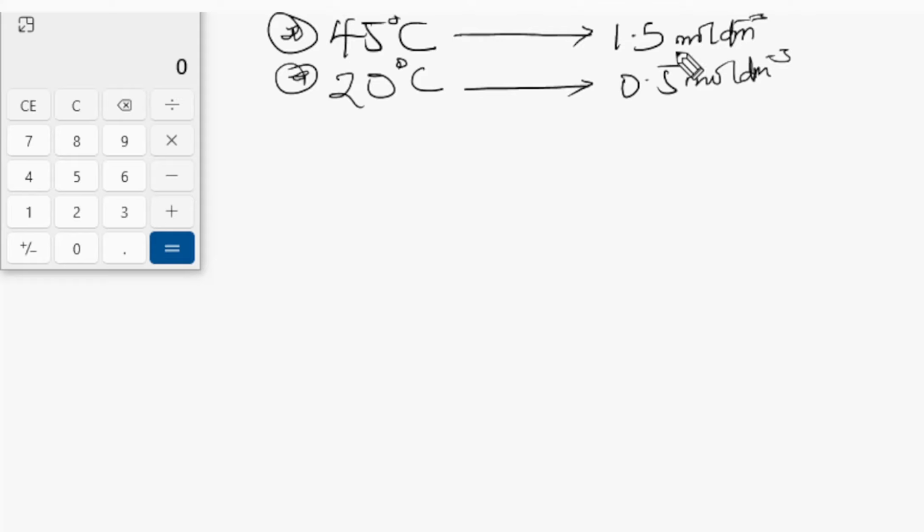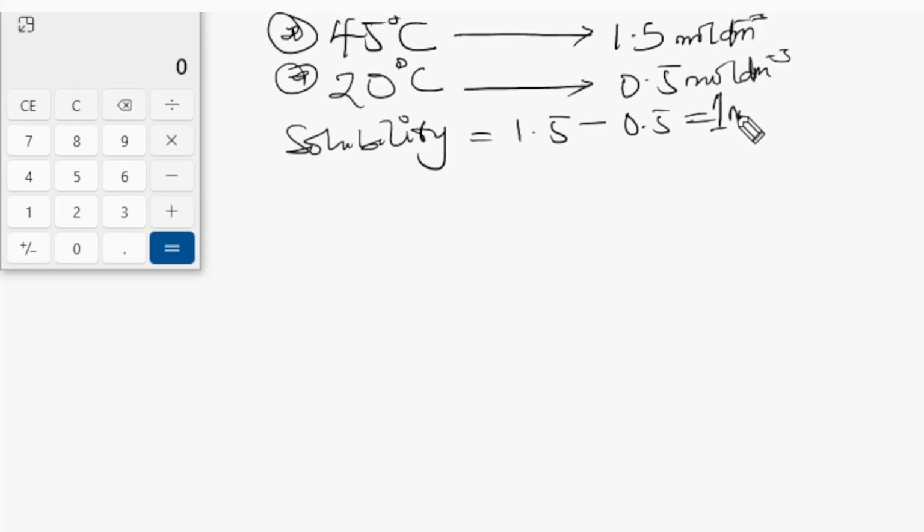With this, it means that the solubility will be 1.5 minus 0.5, and this will be 1 mole per dm cube.